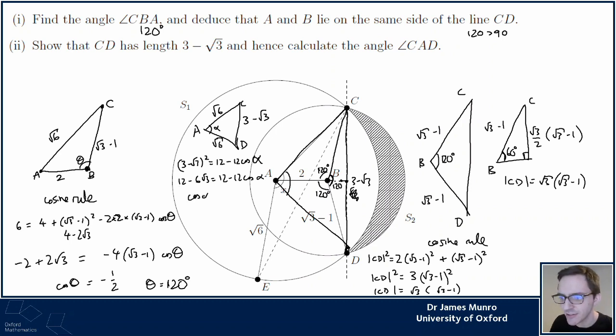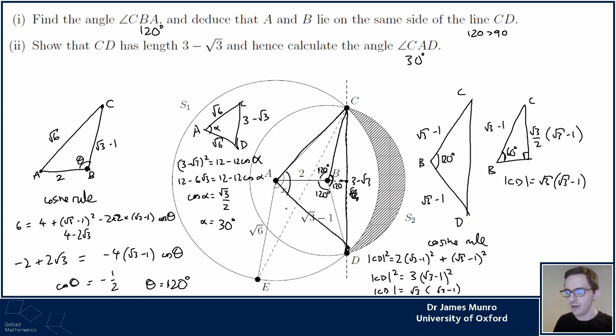I think cos alpha is going to be root 3 over 2, since we can divide through by a factor of 2. I know that angle. That is 30 degrees. It's in this triangle, isn't it? Cosine is root 3 over 2. Okay, so this angle is 30 degrees. That's interesting. That's much smaller than it looks in the picture. This diagram's really not to scale.